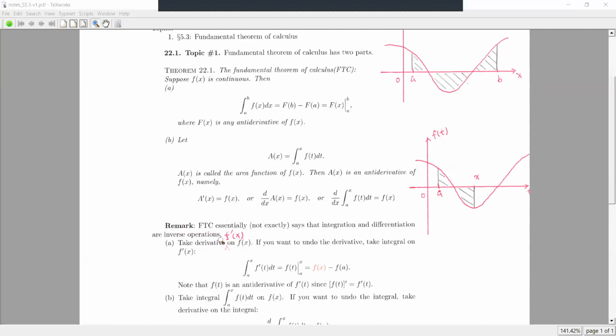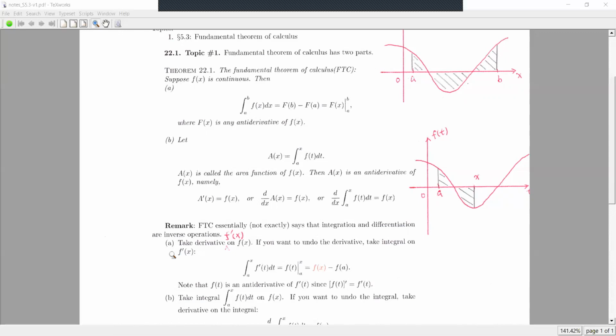Just like summation and subtraction, they are inverse operations. Multiplication and division, they are inverse operations. E to x and natural log, they are inverse operations. So here, fundamental theorem says that take integral and take derivative, they are inverse operations.